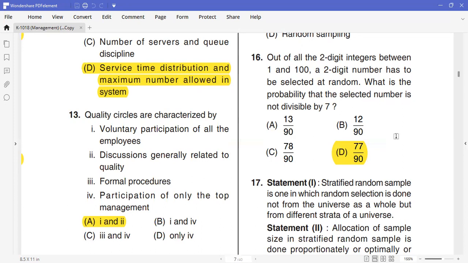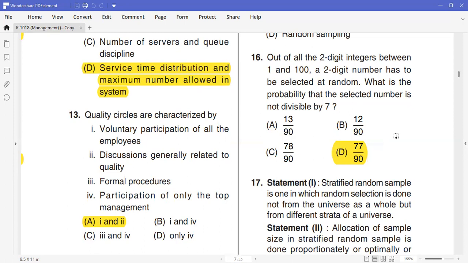So first you have to take the multiples of 7. So what are the multiples of 7? 7, 14, 21, 28. Then you have 35, 42, 49. Then you have 56, 63, 70, 77. Like that, you have to keep on taking the multiples of 7 in the series 1 to 100.